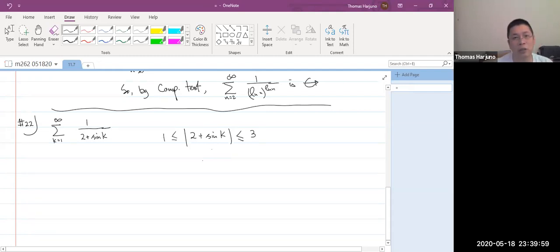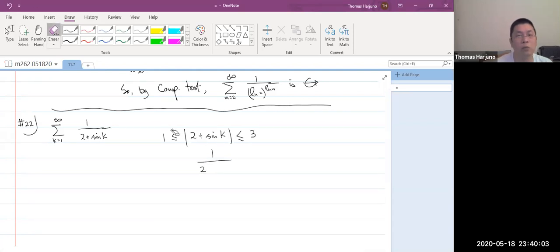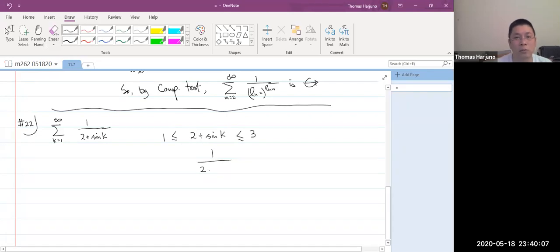Such that the reciprocal, actually I don't need that absolute value, such that the reciprocal will be bounded above by 1 over 1, but bounded below by 1 over 3. Right? What I need is the bounded below.